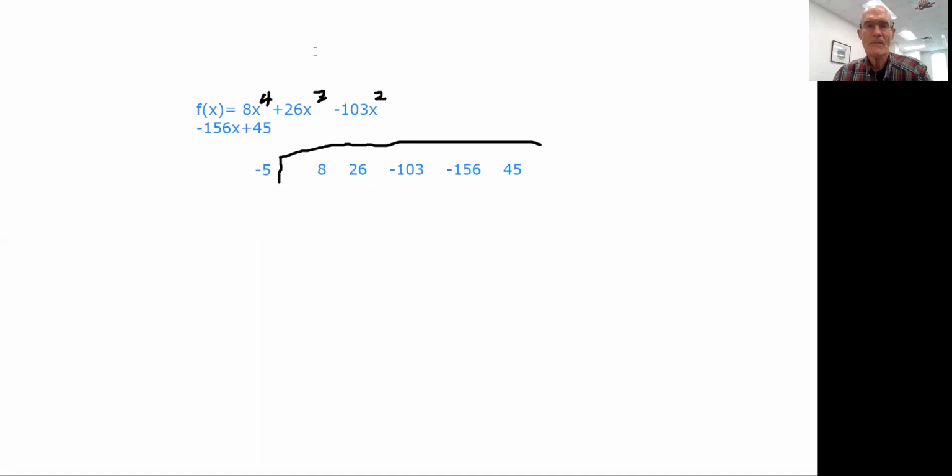Now, if you remember, I come across here, I draw my horizontal line, then I can drop the 8 down. Then I multiply 8 times minus 5 and I get a minus 40.